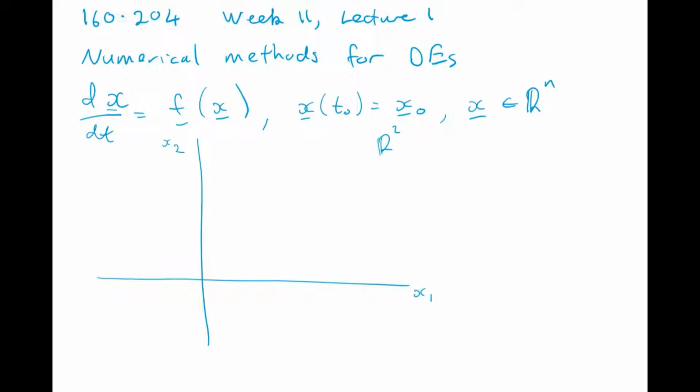We know that the differential equation says at each point, for example at x0, that vector f of x0 tells you in which direction the vector x should be moving. And there's another little arrow attached to every point, and together they make up the direction field.